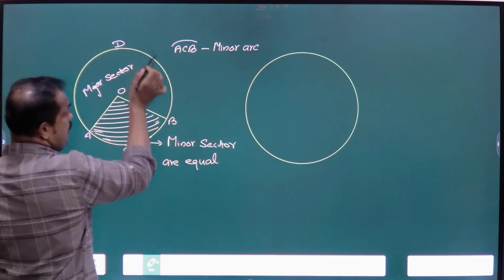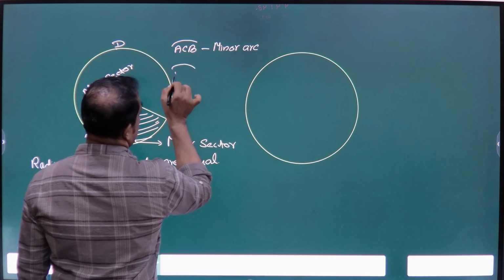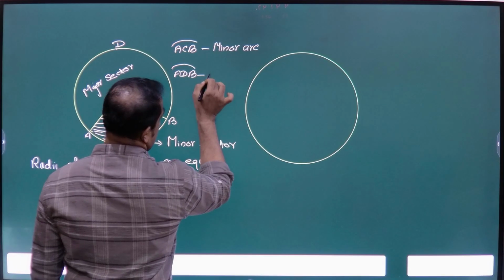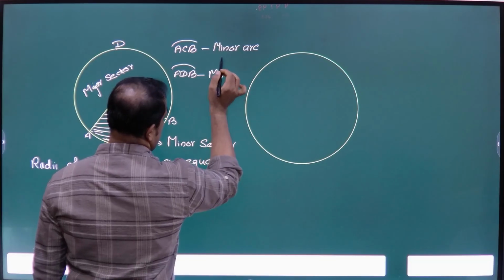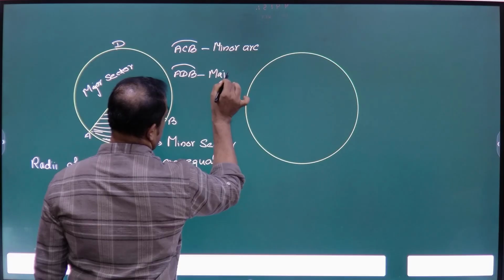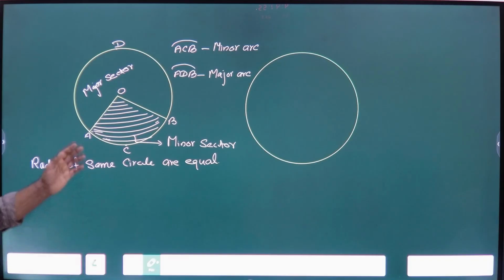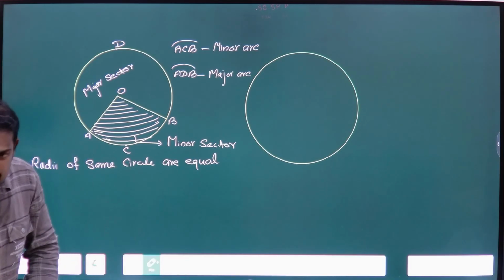And ADB, this is symbol of arc, is called major arc. So what is minor sector, major sector, clear? Or what is minor arc and major arc? ये भी clear है सबको?